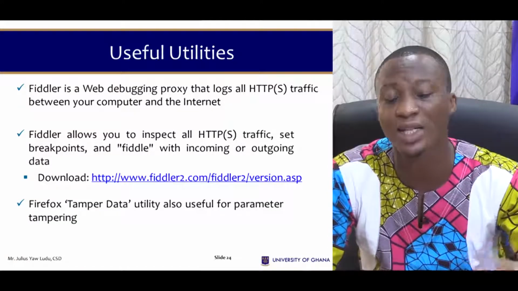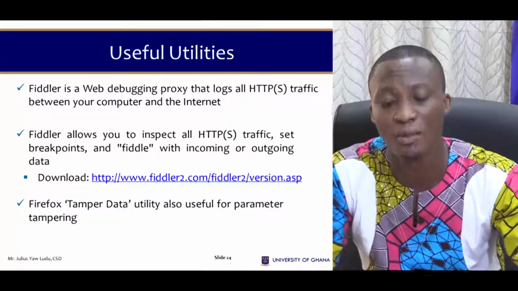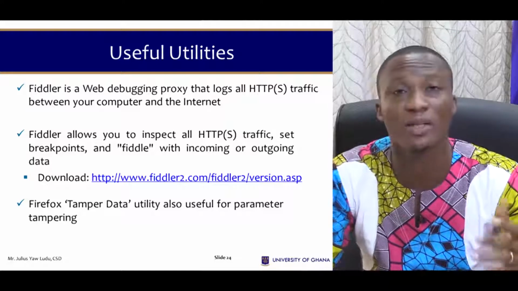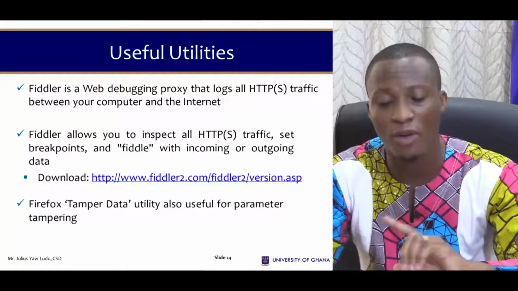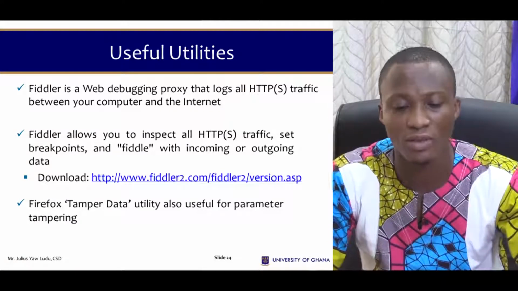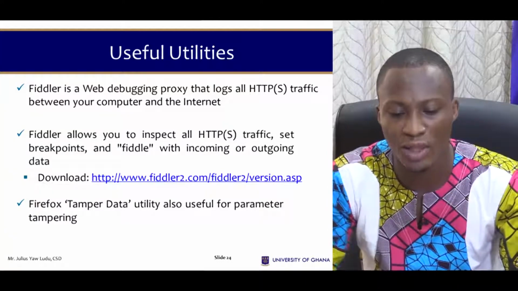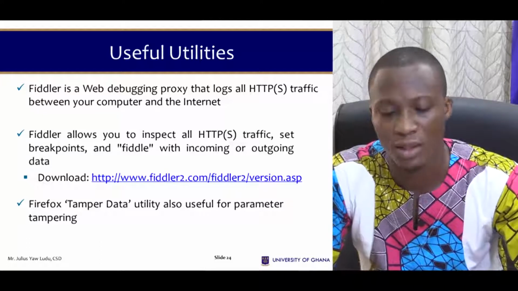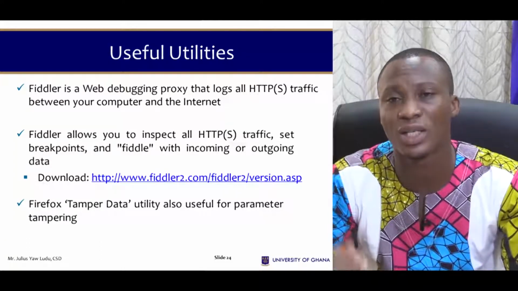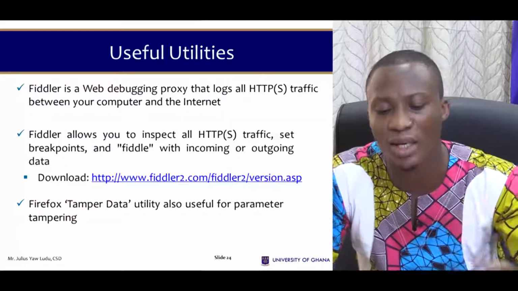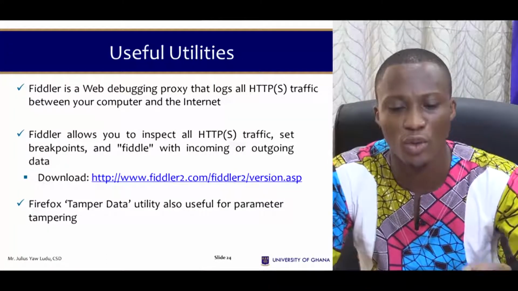And Fiddler logs all these, okay? And it allows you to inspect all your transfer protocol traffic, set breakpoints, and all that. You can check the website and you can download those versions and study them. Firefox also has a Tamper Data utility that you can make use of.